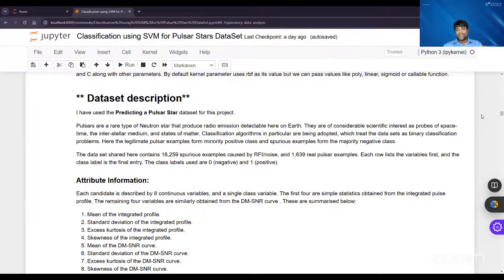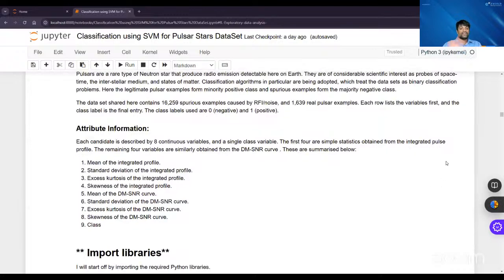What exactly we are trying to do with this data set is to understand whether... here we have different kinds of columns, right? For example, let me take the data set and explain based on that. Here you can see that we have 9 columns, or features, in your data set.